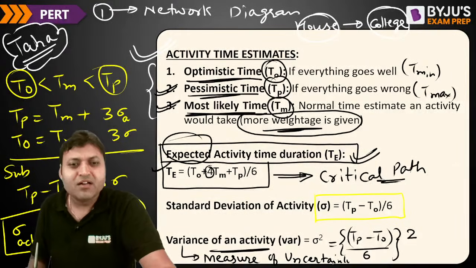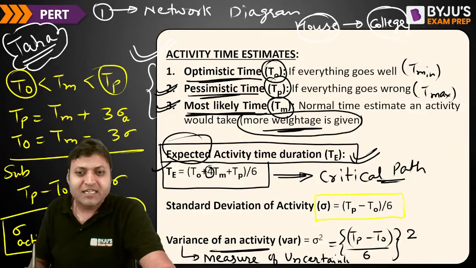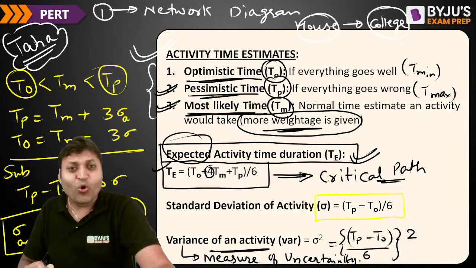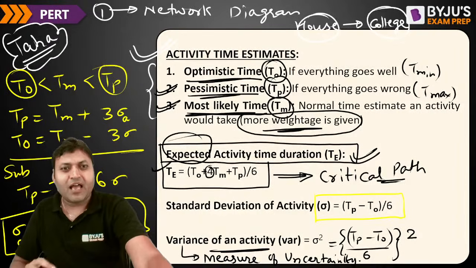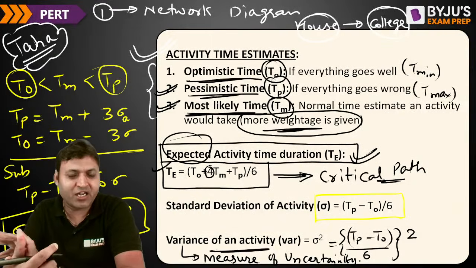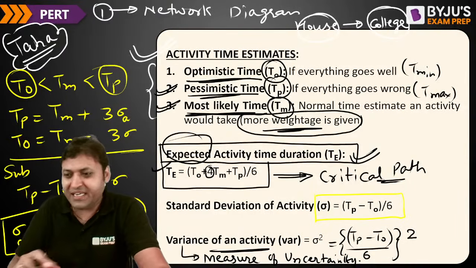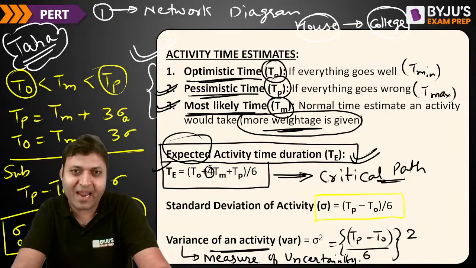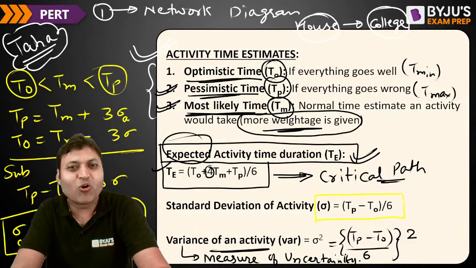Standard deviation or variance is nothing but the measure of uncertainty for an activity. The more variance an activity has, the more uncertainty there is in completing that particular activity. So these are the things you need to calculate beforehand. This is all about the beta distribution, that is, the activity time duration curve.